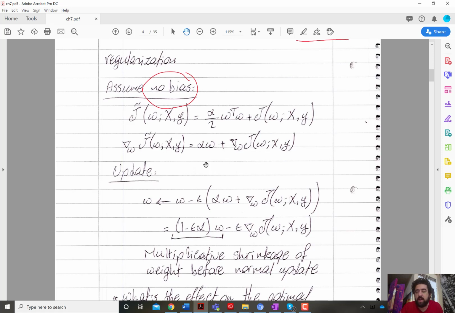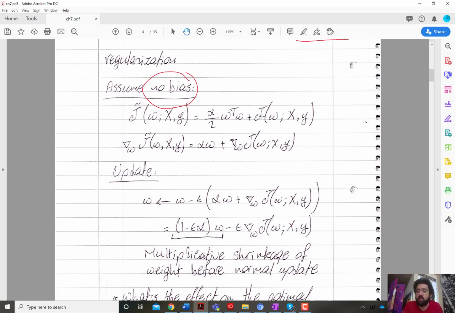Analyzing how L2 affects the parameter update is fortunately a very simple task. The new cost function is the old cost function, J, plus the regularization term. Here we assume there is no bias at all, just for simplicity of analysis, but you could have bias in the original network as well as in the cost function.